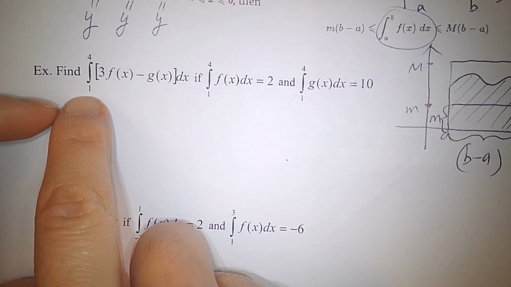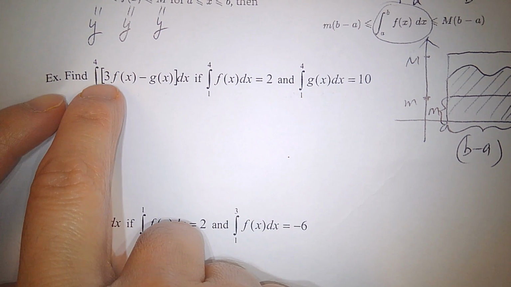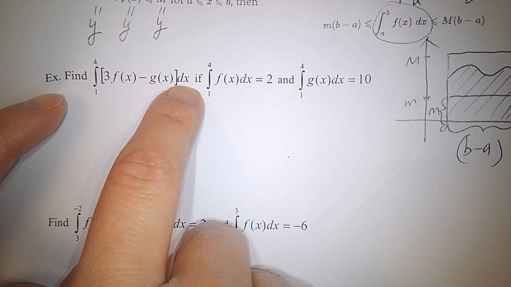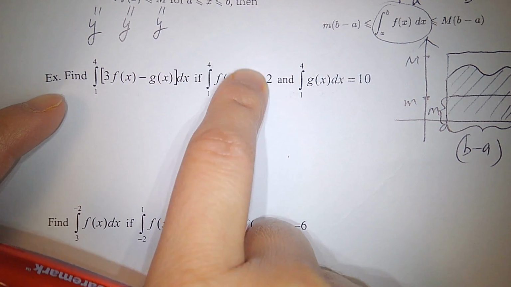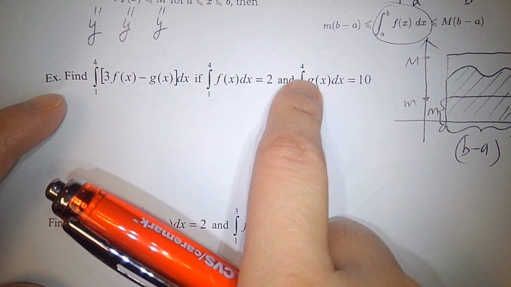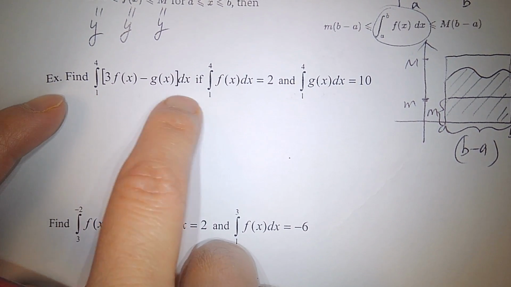We want to compute this definite integral from 1 to 4, 3 times f of x minus g of x dx. What we know is, for f of x only, the definite integral equals 2. For function g, the definite integral is 10. So how can we compute this?